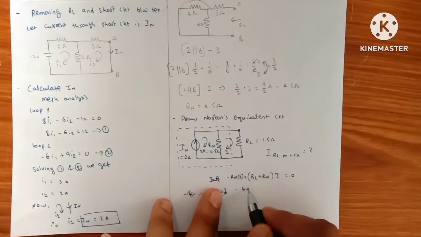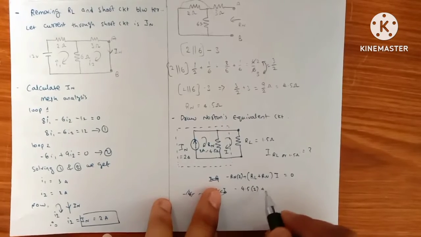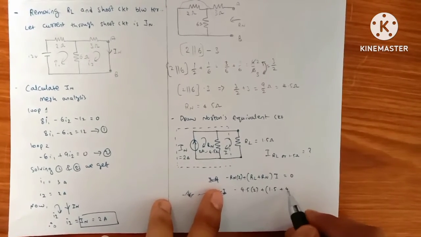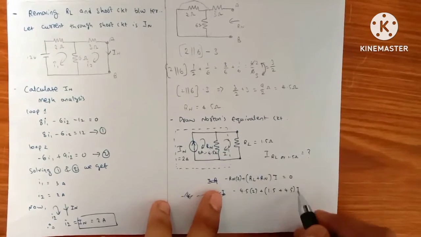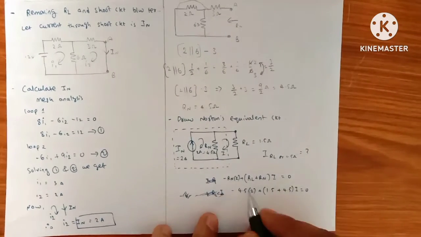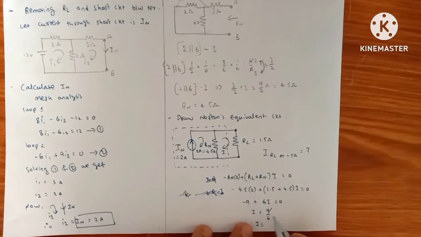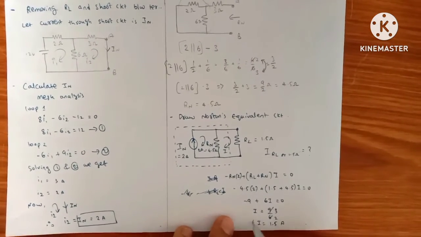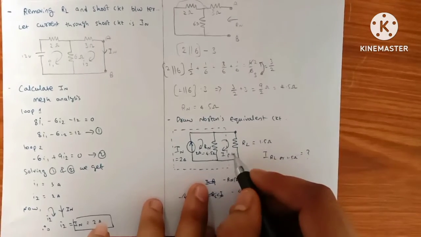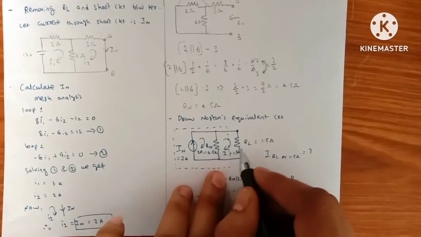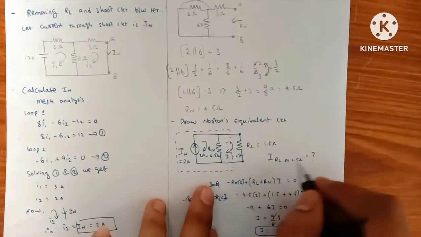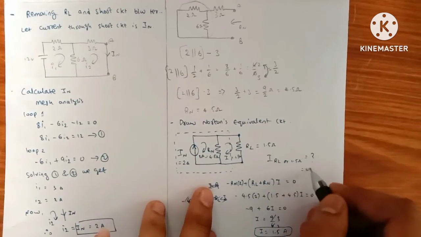Rn is 4.5, so 4.5 times 2 minus... RL is 1.5 plus 4.5 times I equals 0. So I equals 9 over 6, which is 1.5 amps. This I is flowing through the load resistance. So the current through the load resistance is 1.5 amperes.